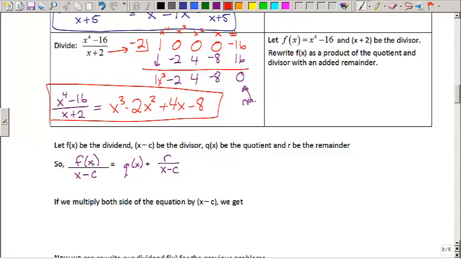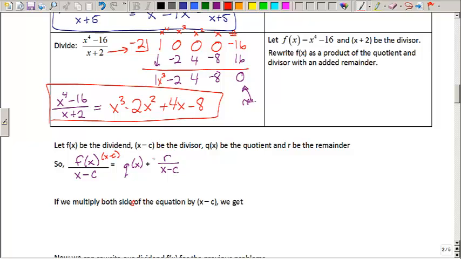So if you take the polynomial in the numerator, divide it by the linear binomial with a coefficient 1, you get the quotient plus the remainder over the original divisor. But if we multiply both sides of the equation by x minus c, we're going to get an equivalent statement. So let's do that.